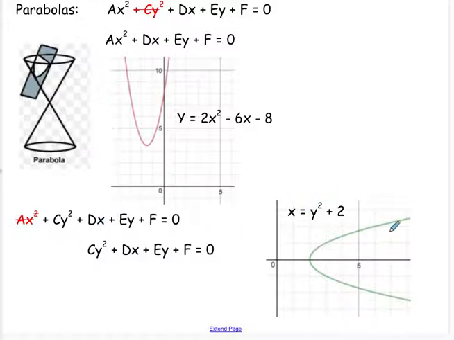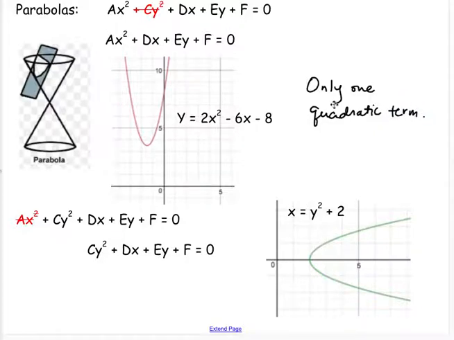So we might have a curve like x equals y squared plus 2. But generally speaking, in a parabola there's only one quadratic term. Just count how many quadratic terms: there's only one squared here. So those are parabolas.